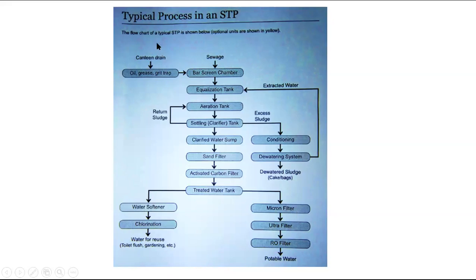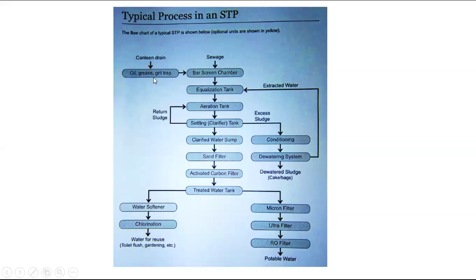Sometimes, if you have a hotel project or a very large project, you have to connect it to an oil and grease trap. Normally, the bar screen itself has an inbuilt grease trap, an oil trap. In this schematic, they are shown separately.